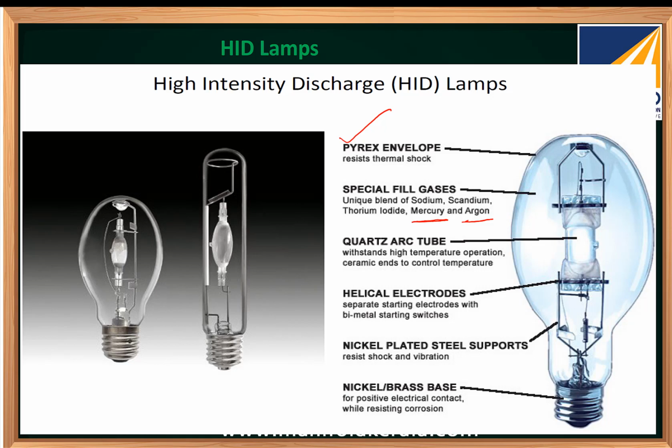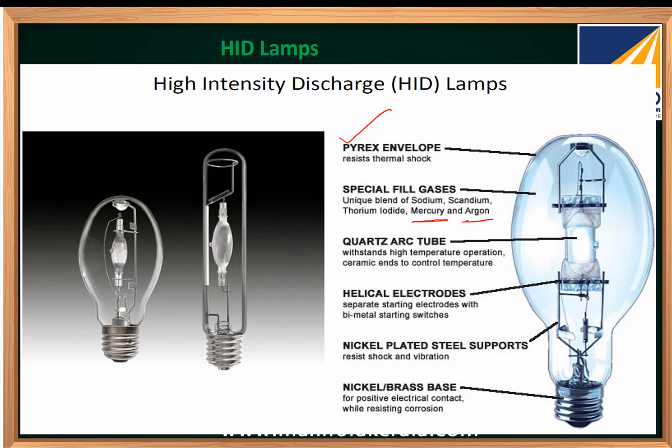In this arc tube the discharge occurs initially, and it will produce the light. So why is this quartz arc tube made of quartz? So that it can withstand very high temperature without getting broken or damaged. Helical electrodes.